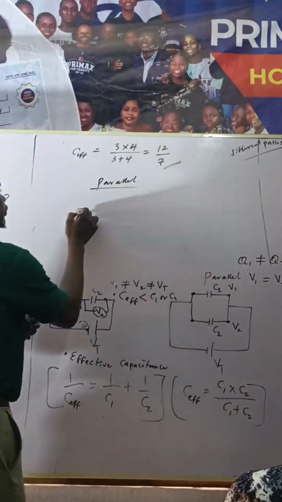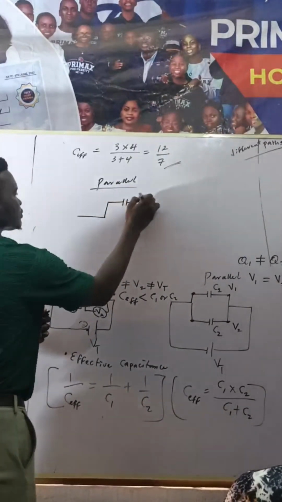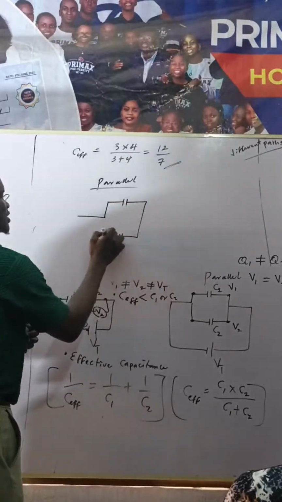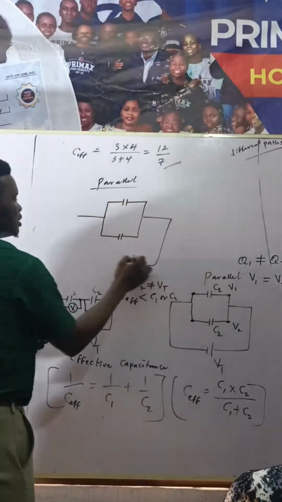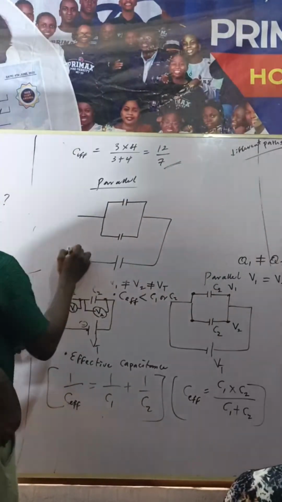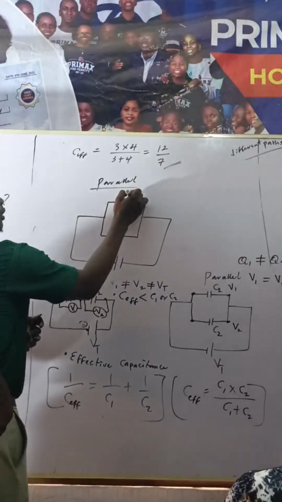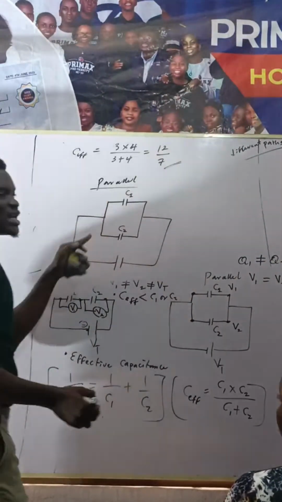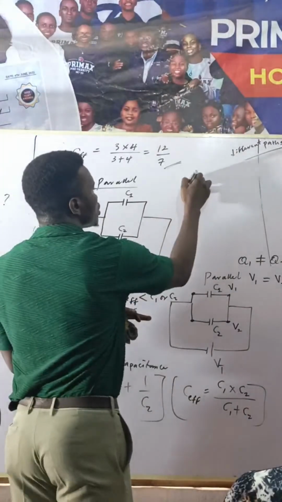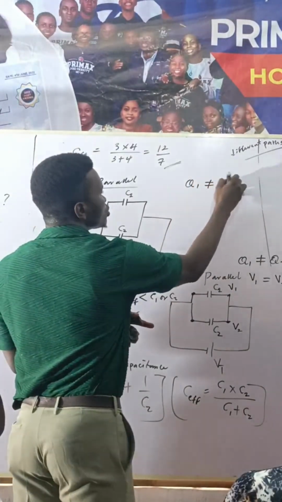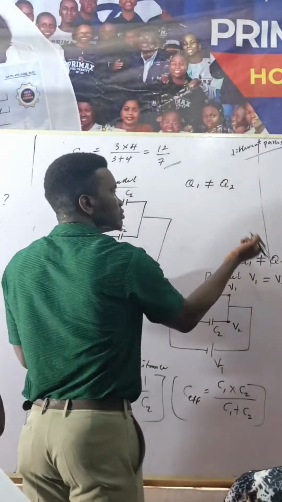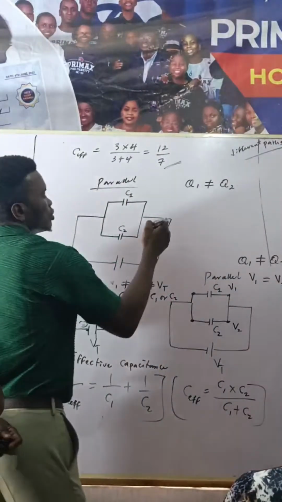So now, for this aspect, the moment you understand principles in physics, it makes it easier for you. So my C1 now and my C2. You already said for this one, Q1 cannot be equal to Q2, right?